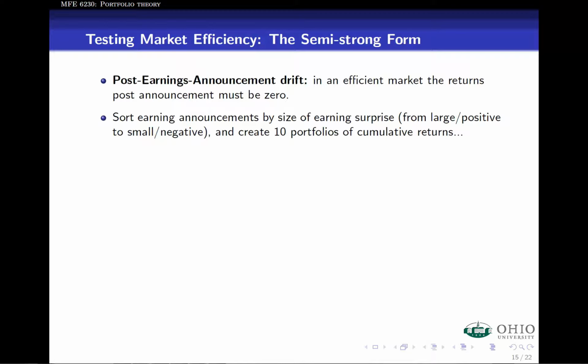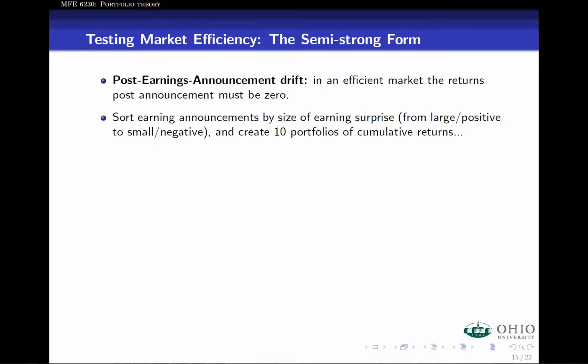Agree? Now, if that difference is positive, we're going to call it a positive earnings surprise. If the difference is negative, we're going to call it a negative earnings surprise. All right? So in order to make an investment decision, you basically want to say, well, I want to invest in stocks with positive earnings surprises and short sell stocks with negative earnings surprises.